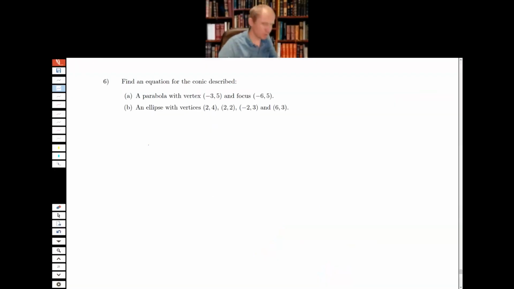If I draw a quick sketch of this parabola, it has vertex (-3, 5) and focus (-6, 5).